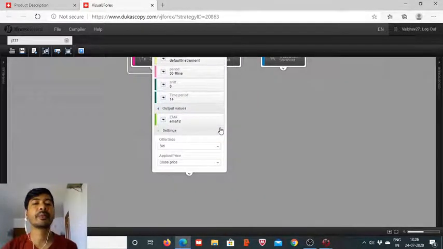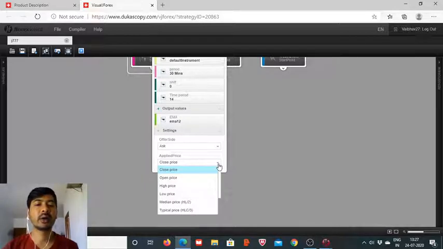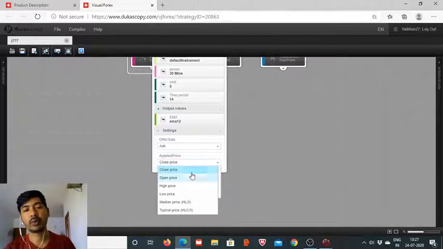Now coming to the further settings, we have other parameters which need to be defined, and as we have discussed in prior sessions as well, you can put these in ask or bid. And then this is very important, on which price you are doing the calculation. So if it is the applied price of the close price, then it will be calculated differently.